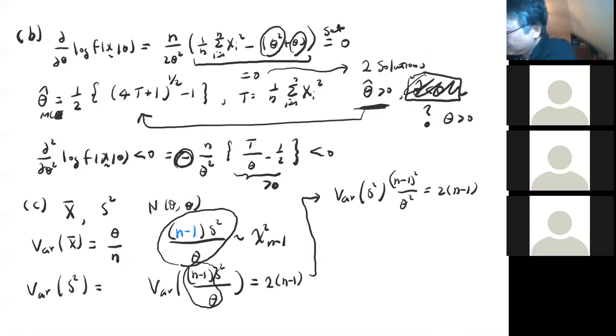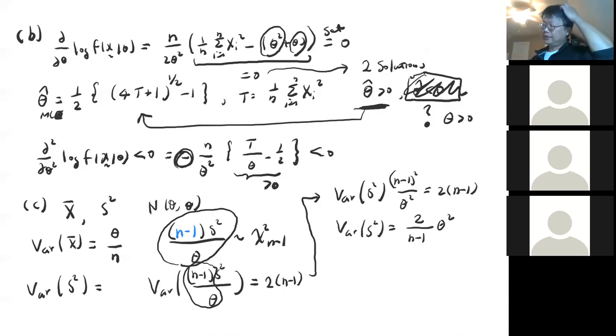So the variance of x squared equals 2 theta squared over n minus 1.